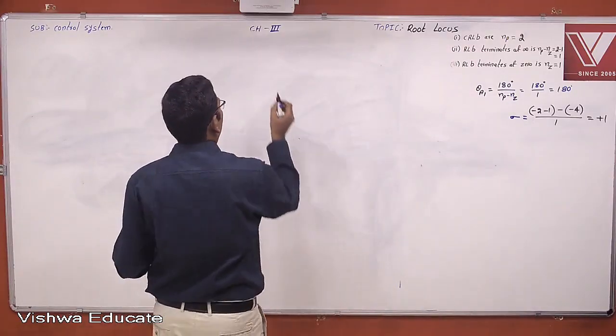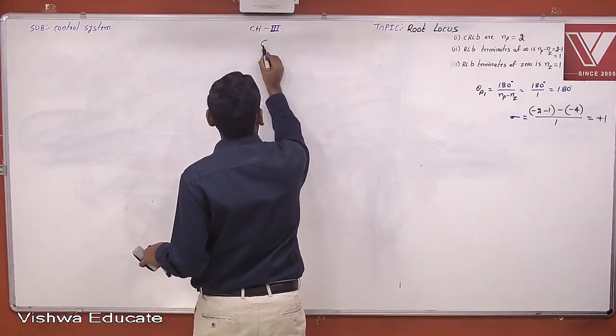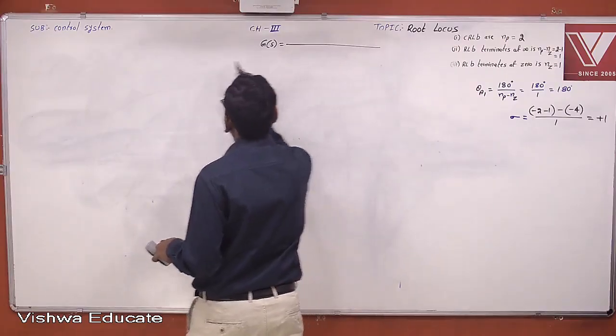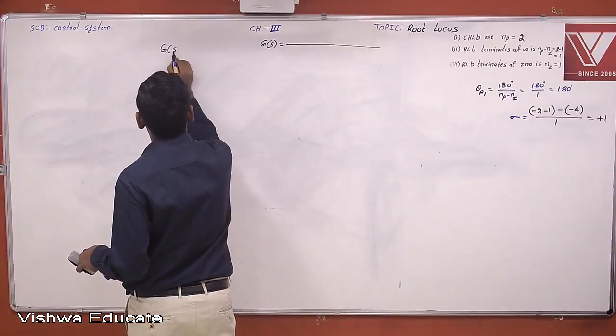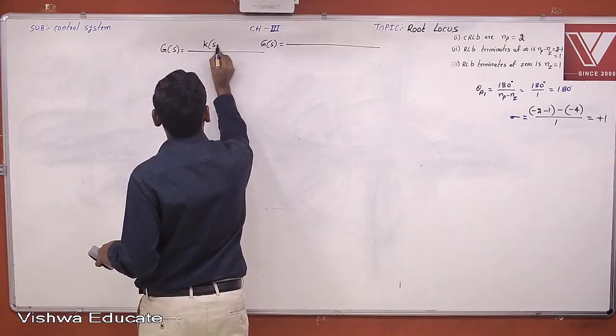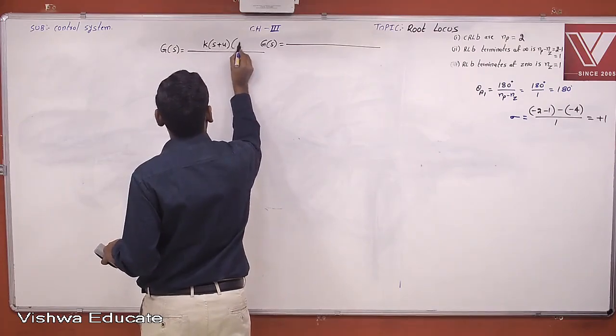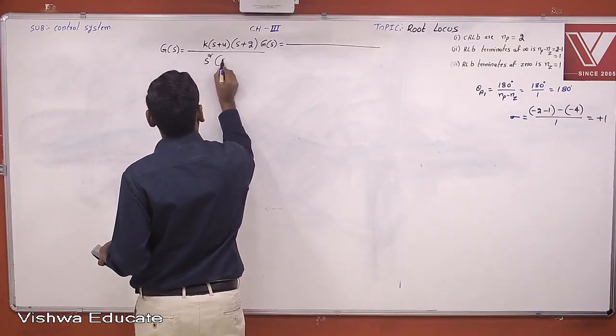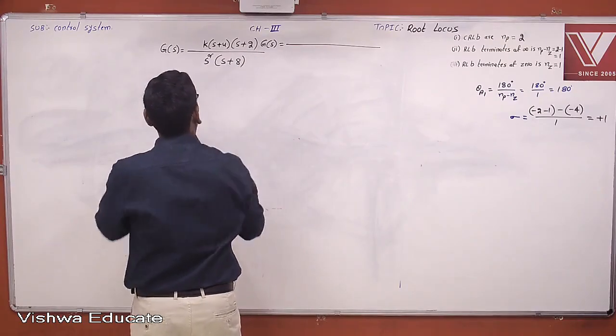Now the transfer function G of s is equal to k into s plus 4 into s plus 2 by s square into s plus 8.